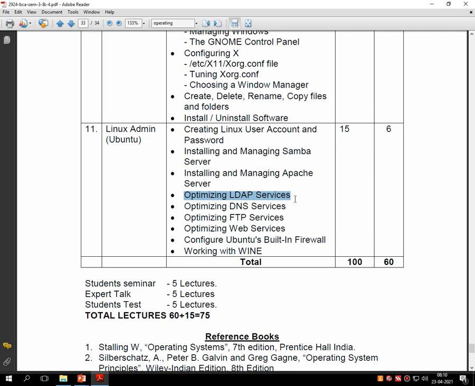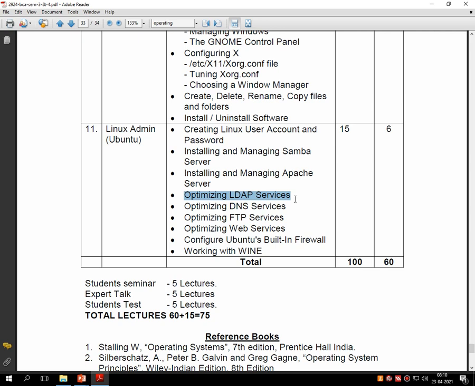Lastly, we'll discuss the security of Ubuntu through firewall, and one of the special features which is only provided in Ubuntu is Wine. That means we will discuss what Wine is.